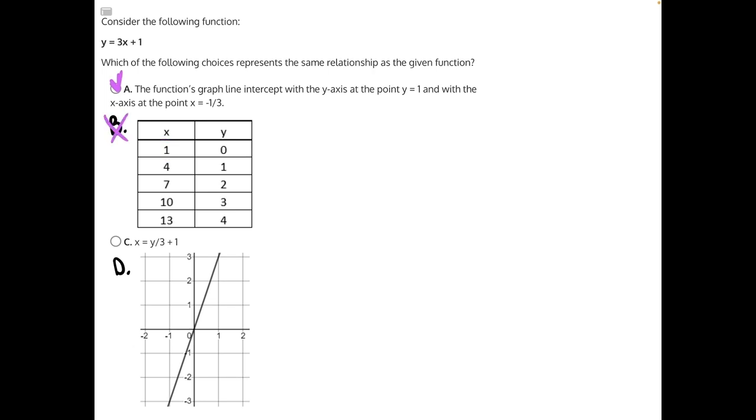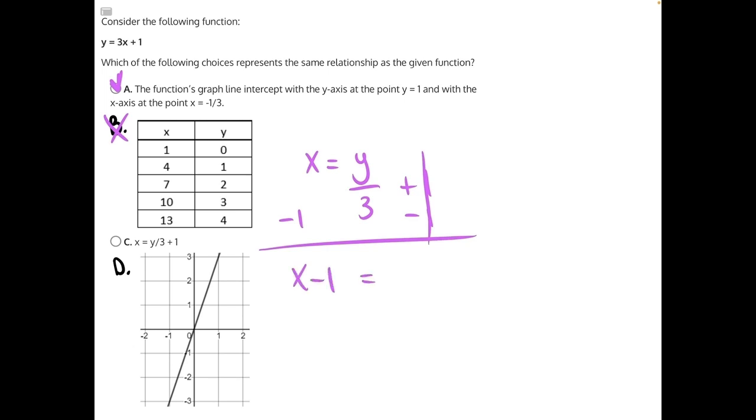For answer choice C, we need to rearrange this function to have y be isolated on the left-hand side so that we can properly compare them. Let's take x is equal to y divided by 3 plus 1. We'll do opposite operations to isolate y. We'll subtract 1 from both sides. These will cancel, giving us x minus 1 is equal to y divided by 3. And y is being divided by 3, so the opposite operation here is multiplication to both sides.